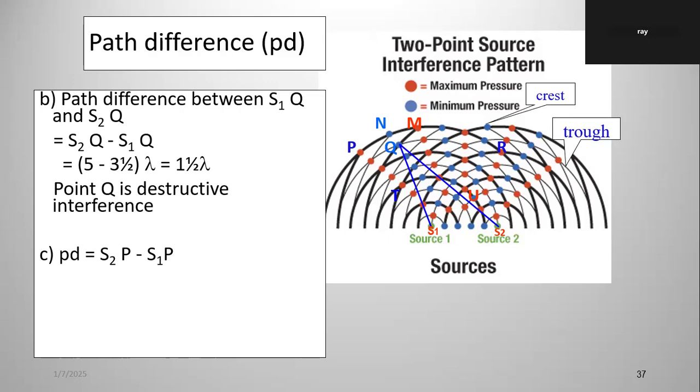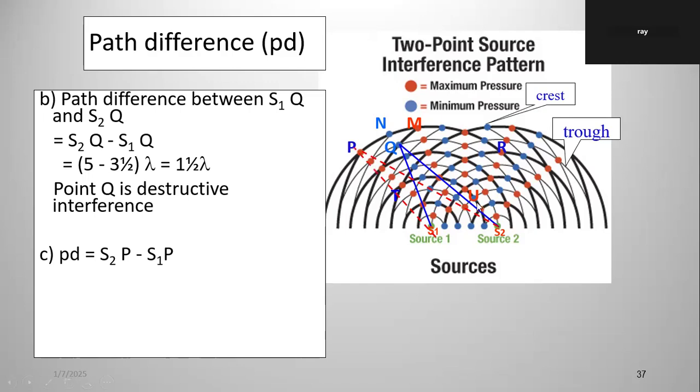What's the path difference? PD is a standard symbol for path difference. I think it's 2. S2P is 7.